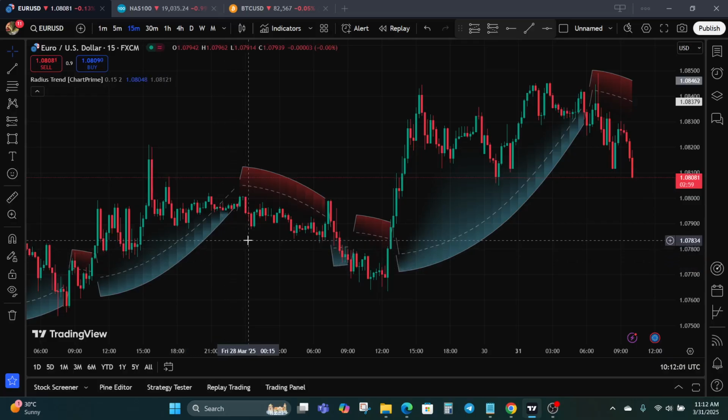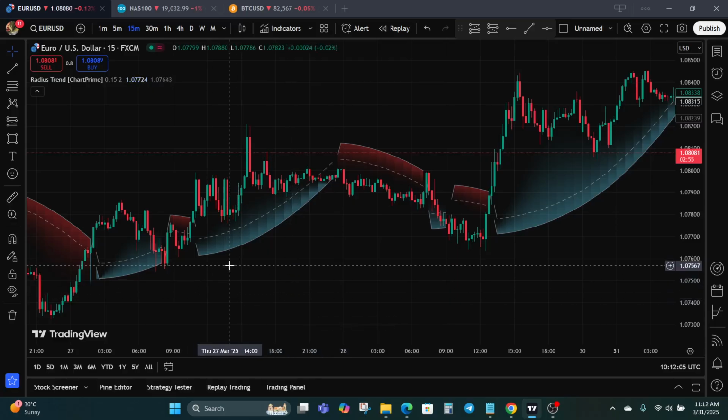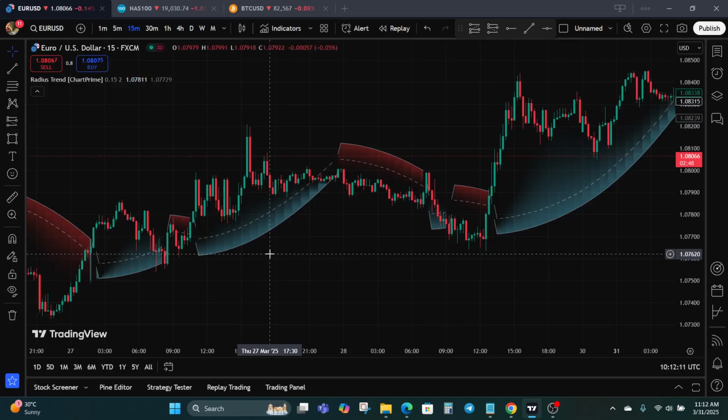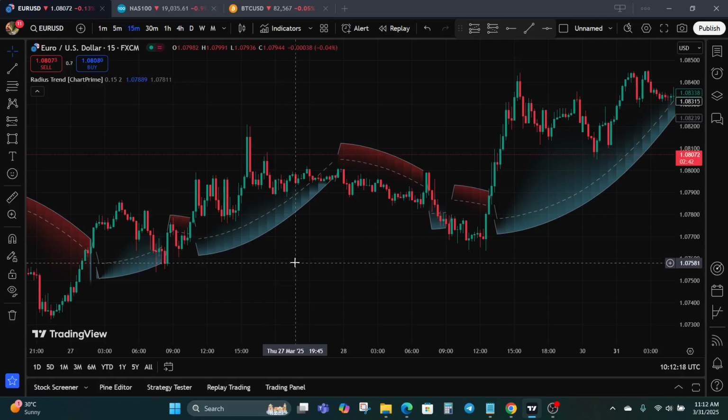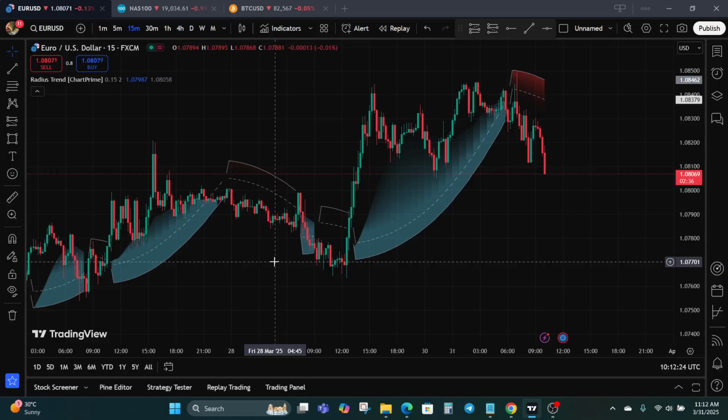Now, unlike the super trend, it adapts to price movements more smoothly, helping you stay in strong trends without getting caught in false breakouts. So why are traders choosing radius trend over super trend? Here are the key advantages. One is that this indicator tries to minimize false signals.